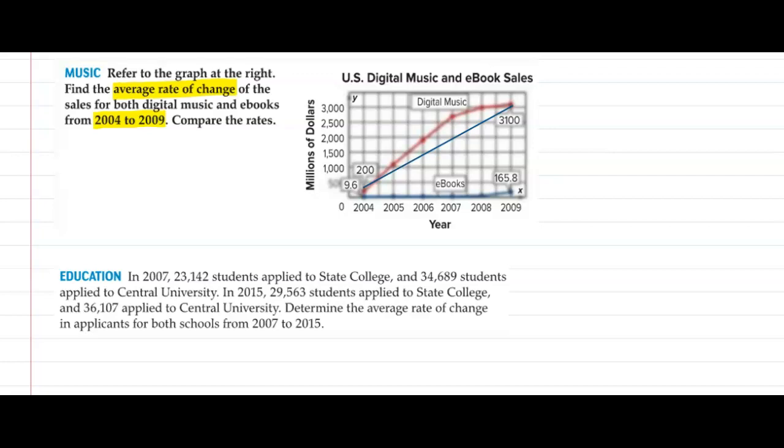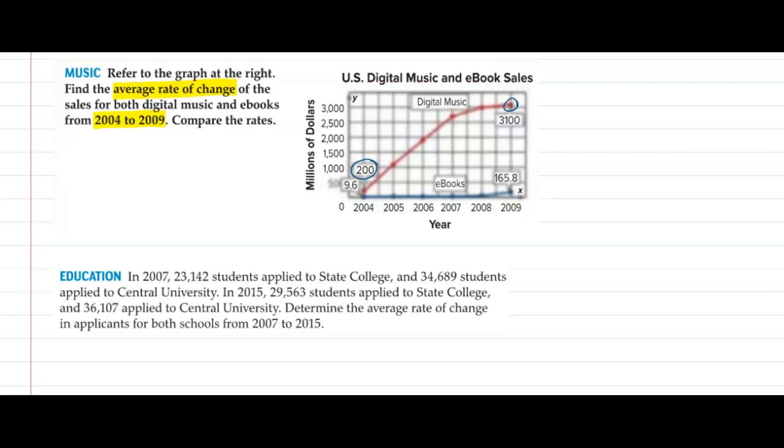The blue part is steeper, the red part is steeper than the blue part, all the way up to about here, and then the blue part is steeper than the red part that's kind of flattening out. So all said and done, this would be the average. So all we have to do to find the average rate of change from 2004 to 2009 is use the value at 2009 and the value at 2004.